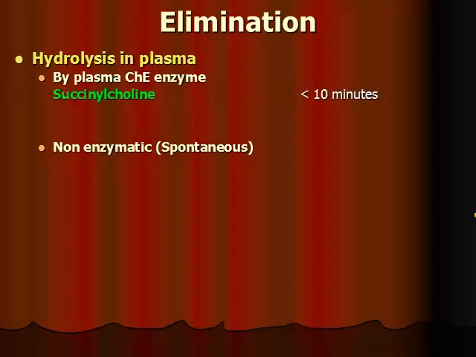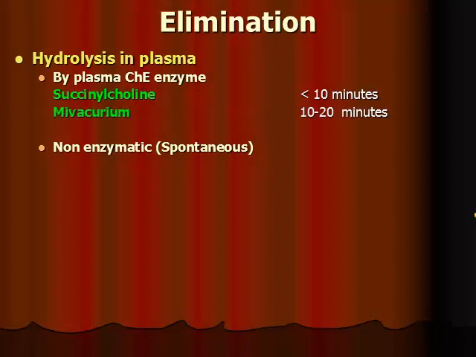The pseudocholinesterase enzyme can metabolize drugs which resemble acetylcholine, e.g., the choline ester succinylcholine. Succinylcholine is the shortest acting neuromuscular blocker. Its action does not exceed 10 minutes.